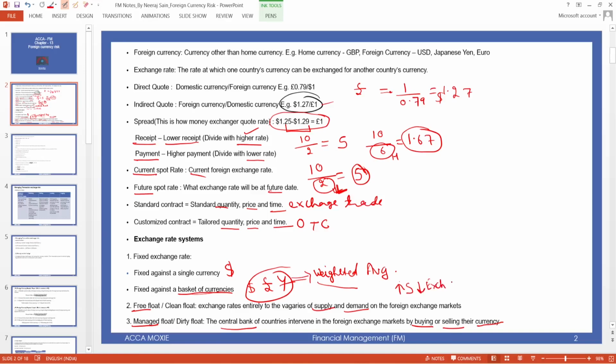Which means your domestic currency is depreciating. So what will the central bank do? It will buy its own currency and lower the supply so that the exchange rate goes up. Okay, appreciate.